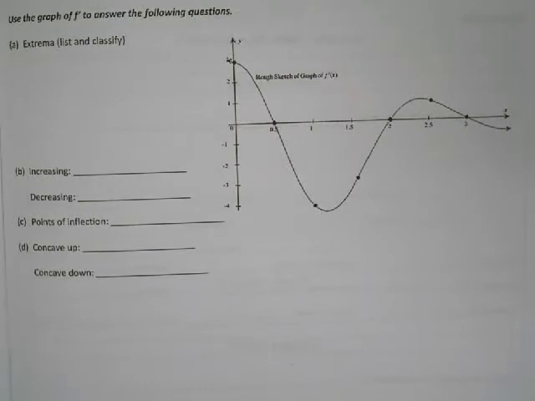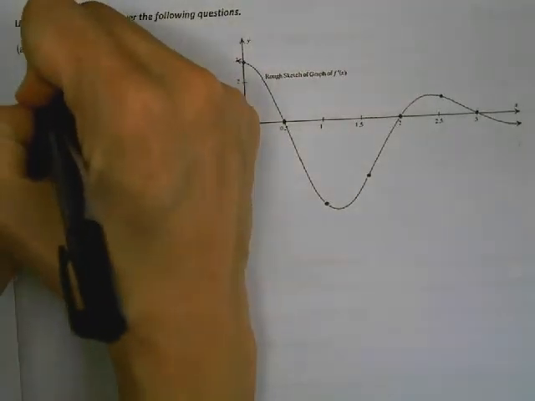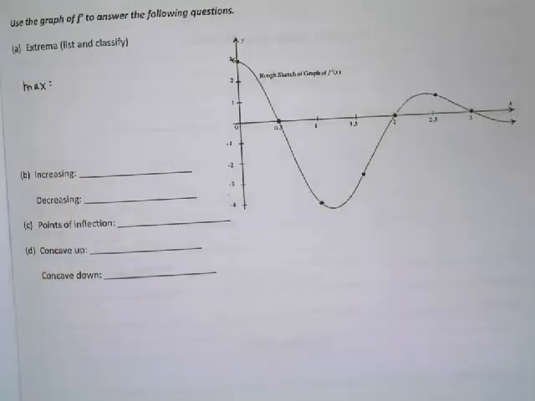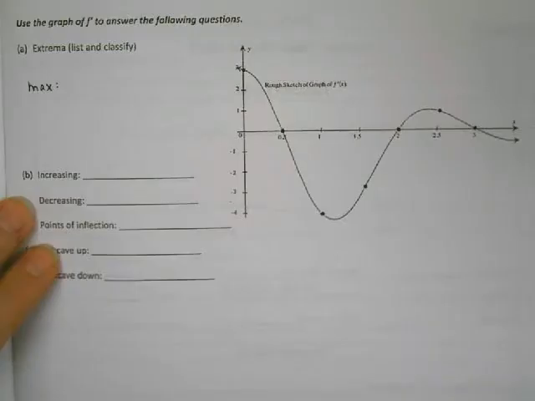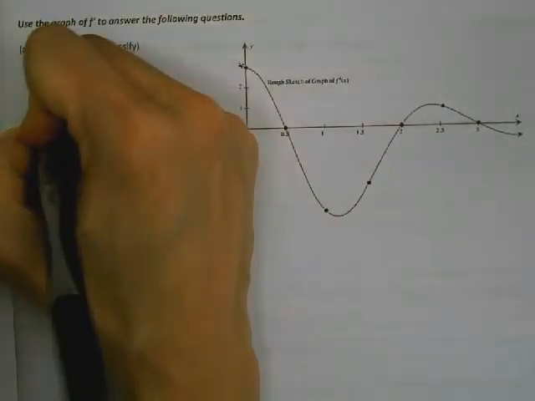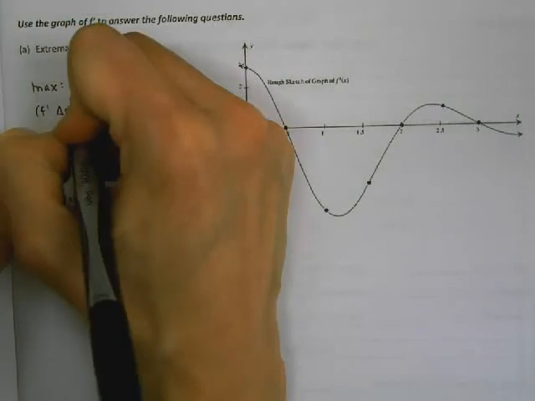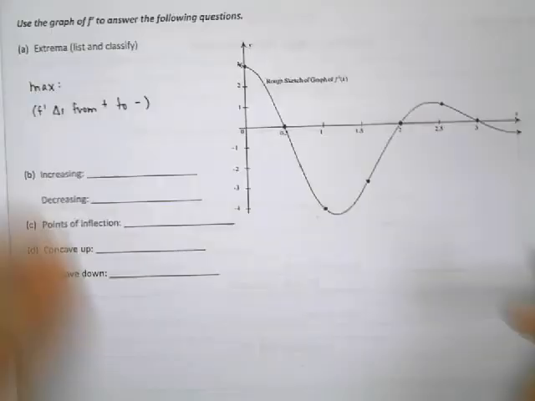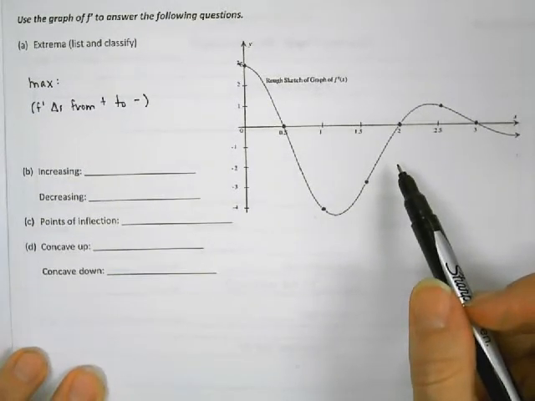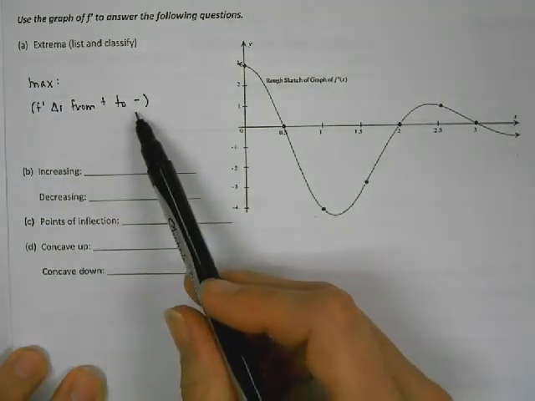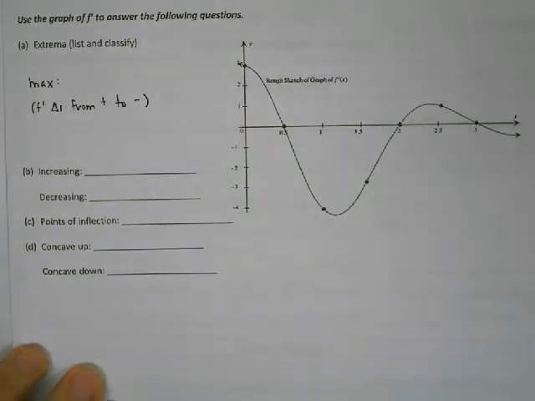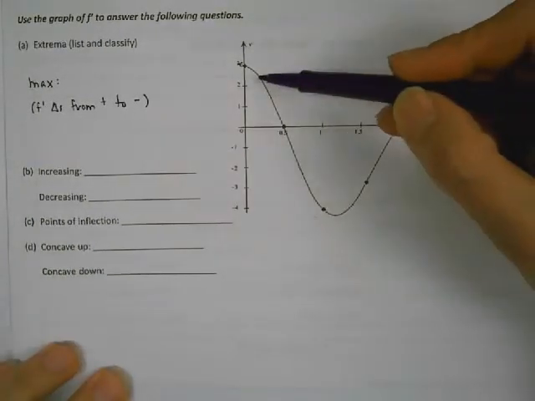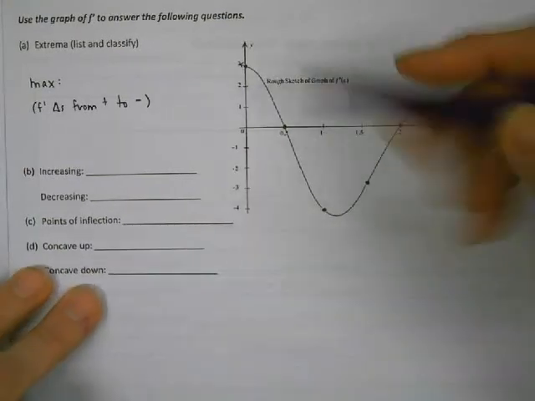So here we go. For our extrema, we want to know where our maximum and minimum values are. So let's look for the max. Just like we said before, we know the max values occur where f prime changes from positive to negative. And if I'm looking at a graph of f prime, I change from positive to negative wherever I cross the x-axis, where I go from above to below the x-axis.